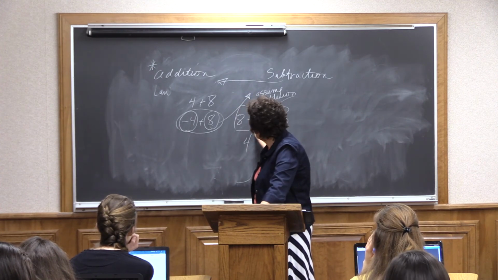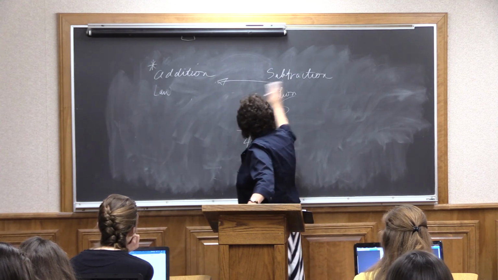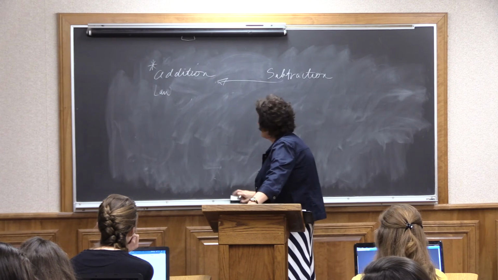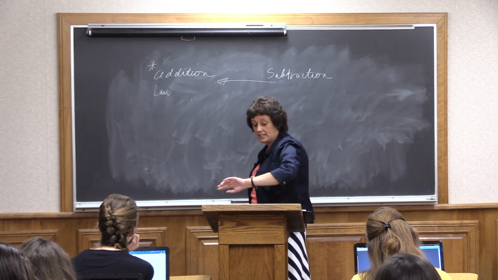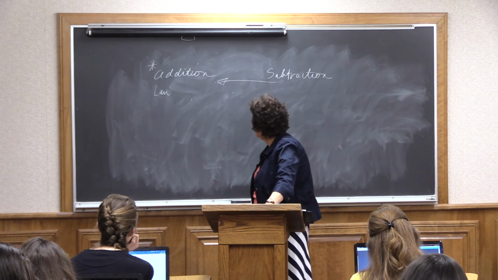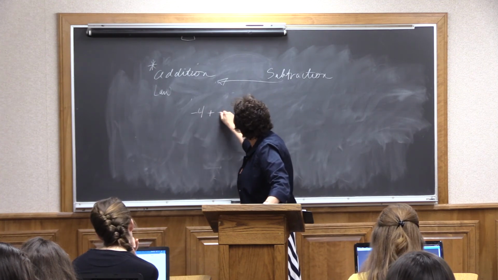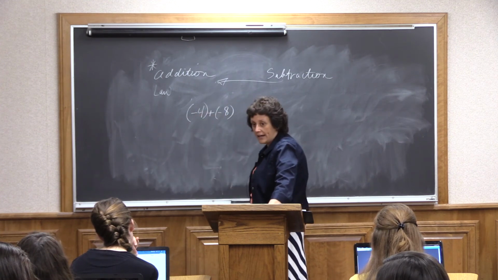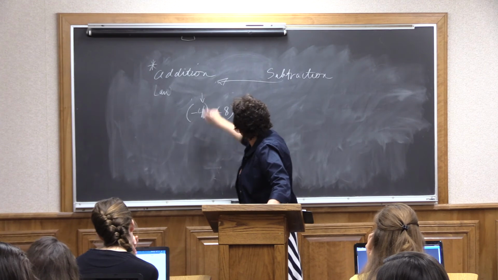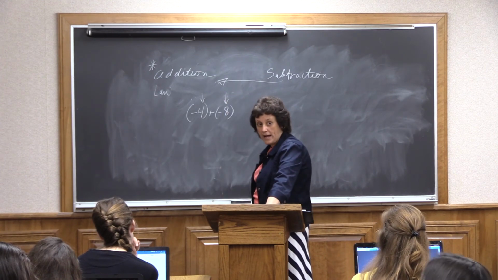Okay? And then, so when you're doing your homework, just assume addition unless subtraction is specifically indicated. Okay? So, I get used to adding. I get used to calling this negative 4 and calling this negative 8, not minus.